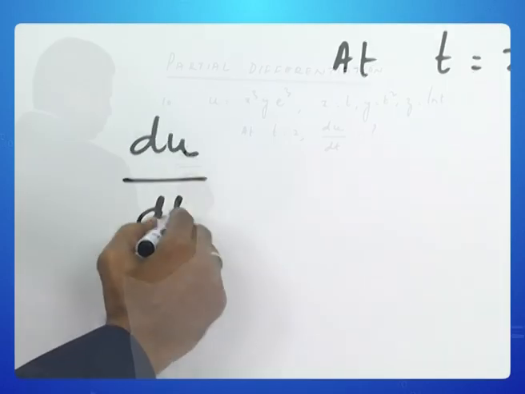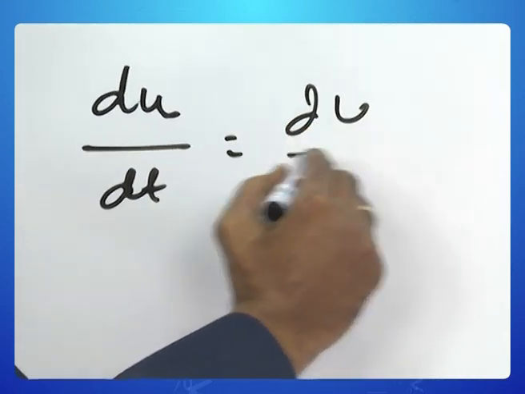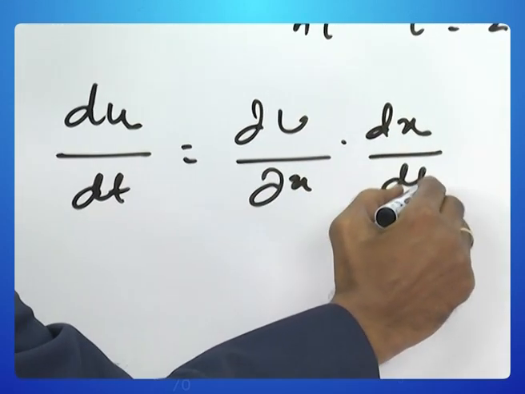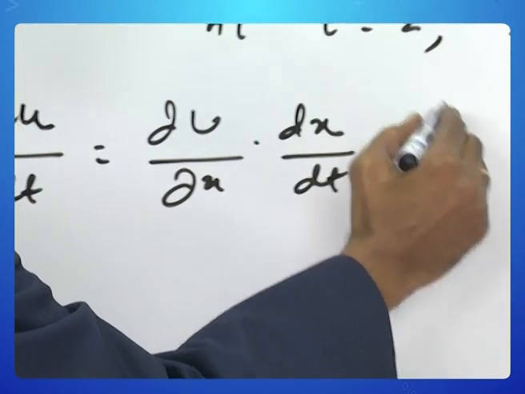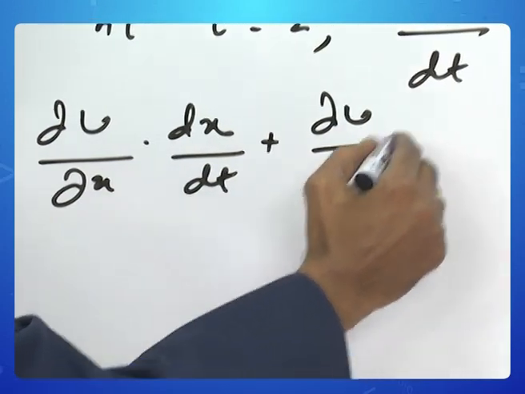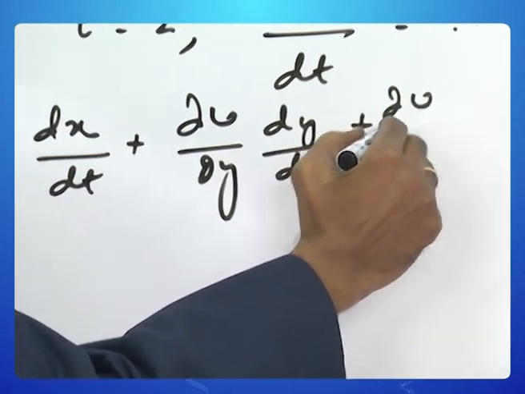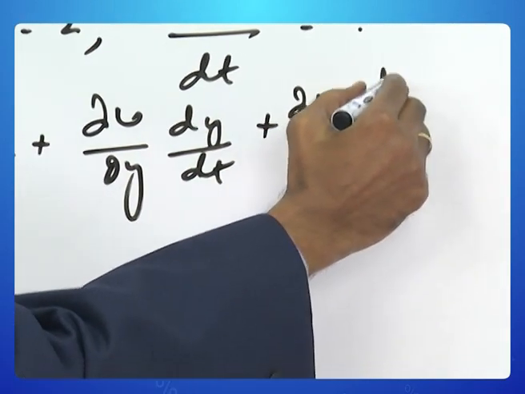du by dt is equal to dou u by dou x into dx by dt plus dou u by dou y into dy by dt plus dou u by dou z into dz by dt.